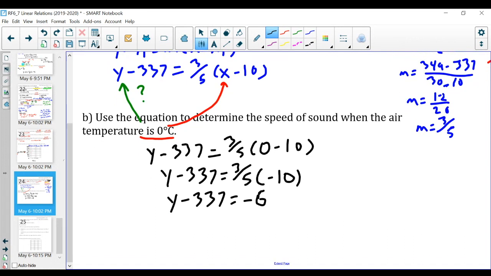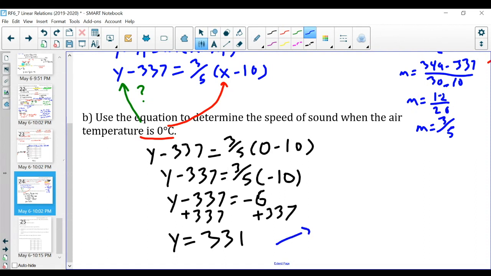And as we continue down here, we're going to add 337 to both sides. And we end up with 331.